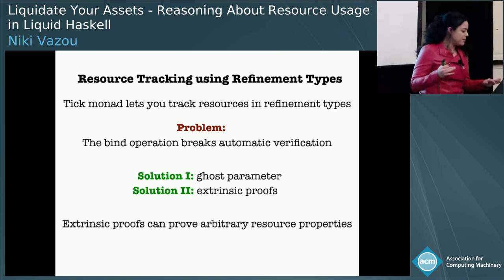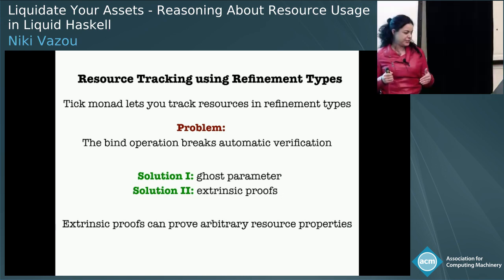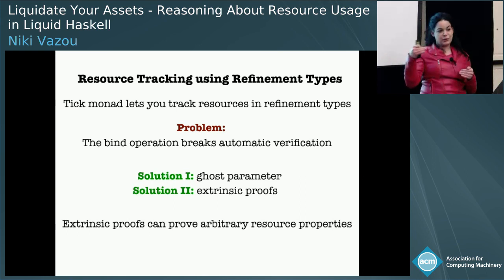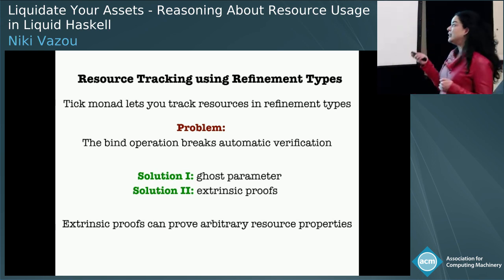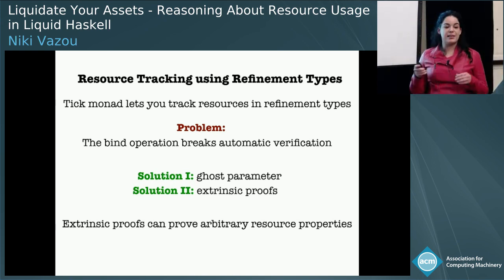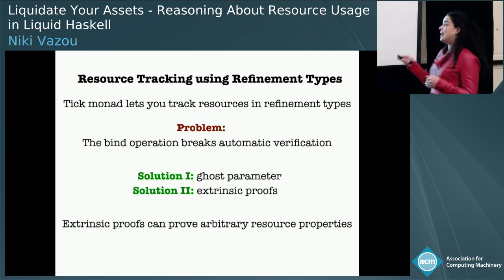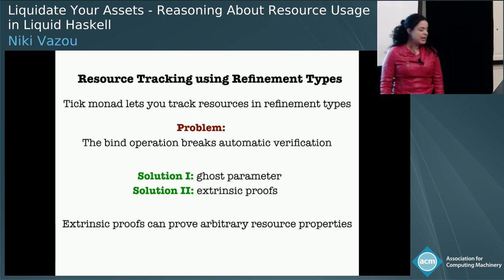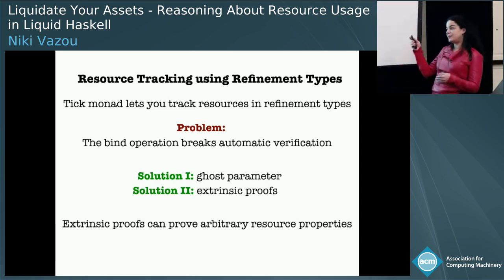The major problem that blocks automatic verification is that the bind operation has type level computation, so it breaks SMT verification, and we saw two strategies to bypass this. The first one is using ghost parameters, and the second one is using explicit extrinsic proofs. And the cool thing is that once you go extrinsic, you can express and prove everything.